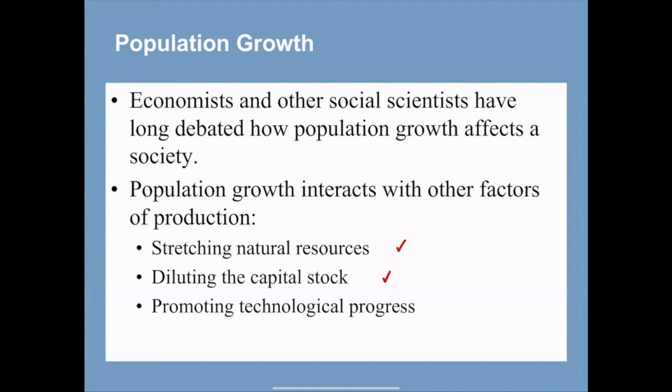The more population, the more opportunity for labor to engage in discussion and transmit knowledge. So the transmission of knowledge or technology can be faster and more efficient. Okay, this is the topic for this chapter.